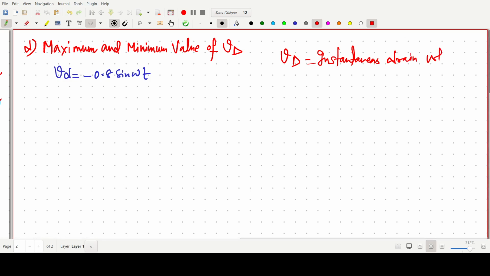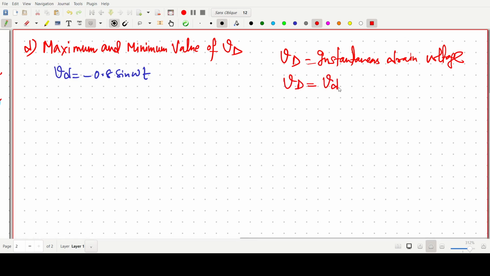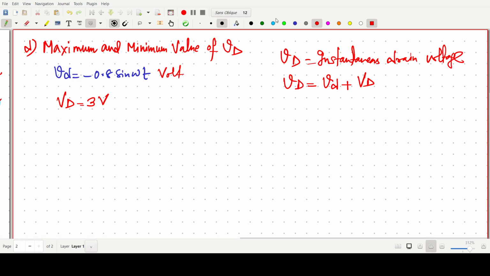Instantaneous drain voltage will be some AC component plus DC component. The AC component we have calculated, and the DC VD we also calculated in the very first problem, which is 3 volt. So the AC component is clear.